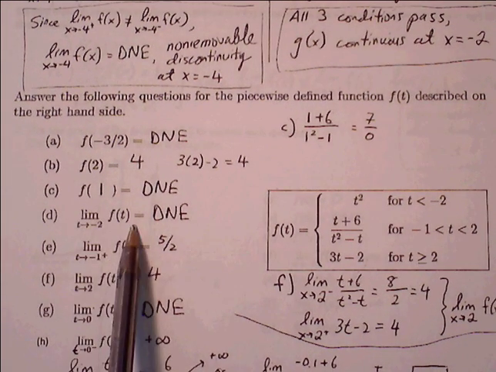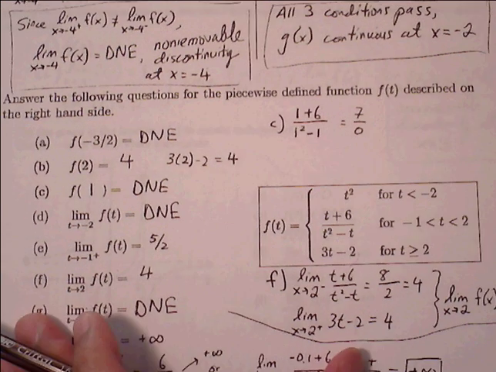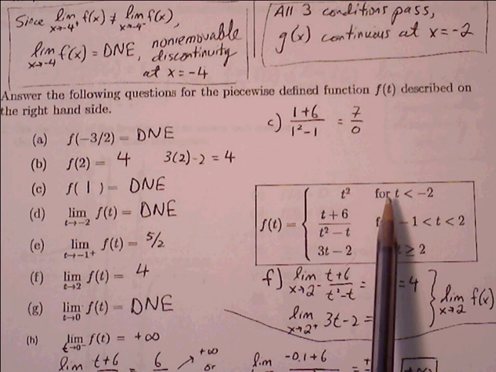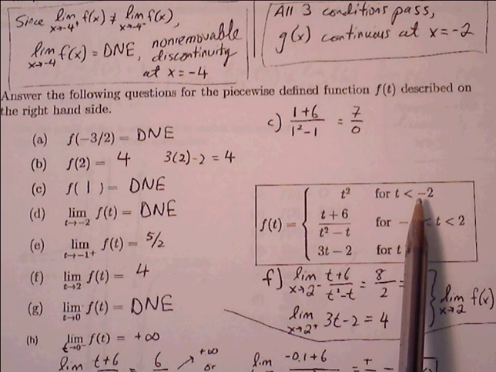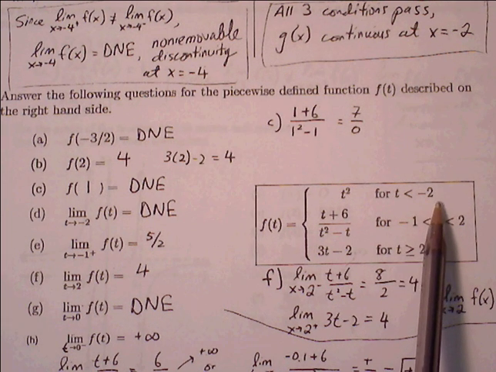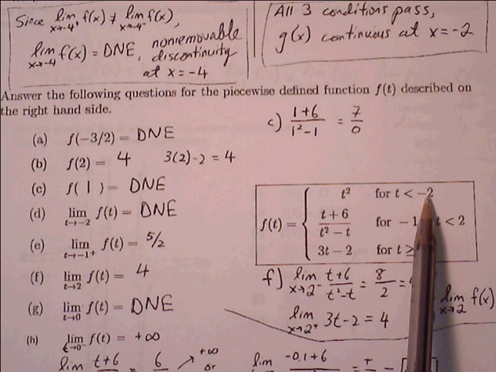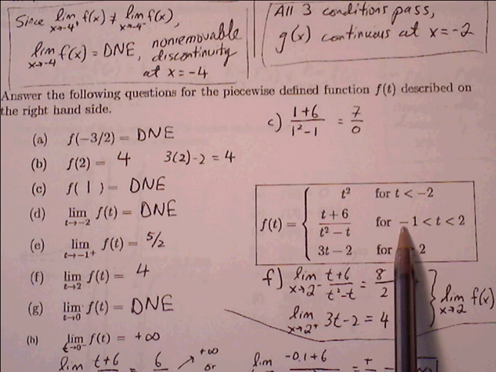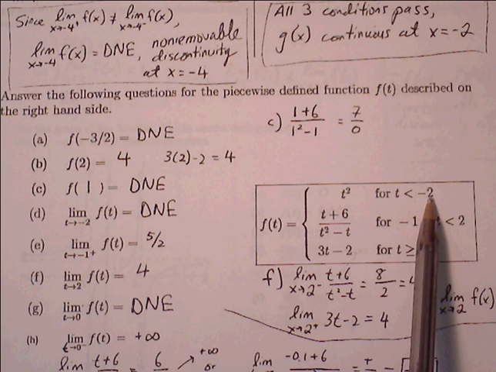Okay, limit as x approaches negative 2 of f of t. As we approach negative 2, we know that the graph is going to exist to the left of negative 2, but immediately to the right of negative 2, the graph is not going to exist, because this piecewise function has a complete break between negative 2 and positive 1.